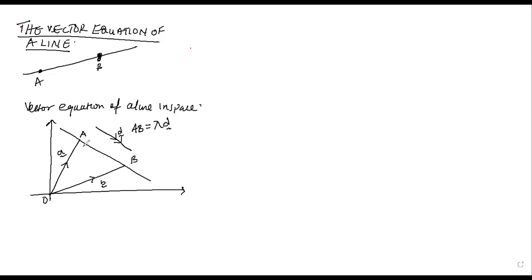If B is known and this AB is unknown, maybe it is X, Y, Z, it is an arbitrary point, then from the definition, AB is the direction vector. So AB is equal to OB minus OA.